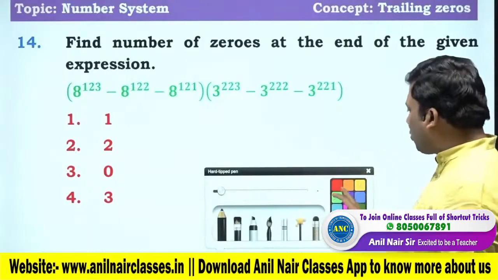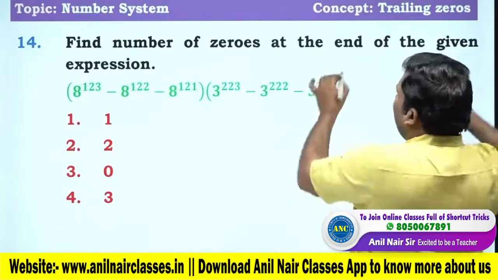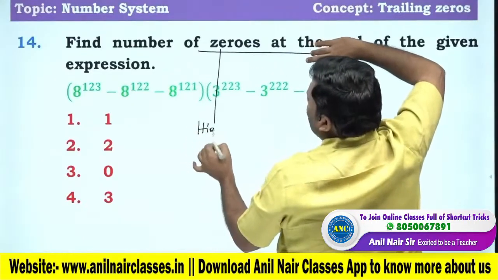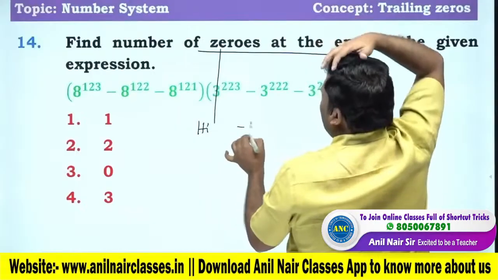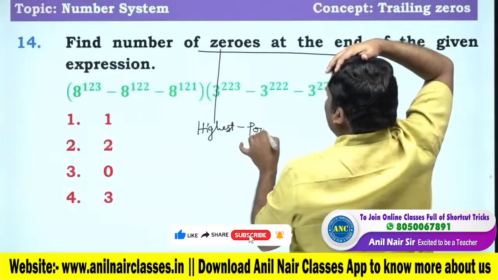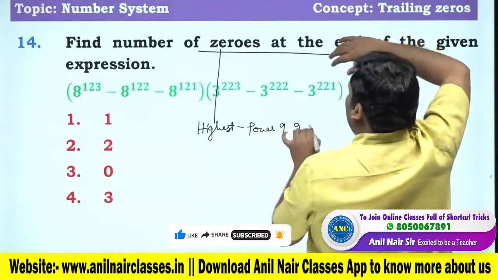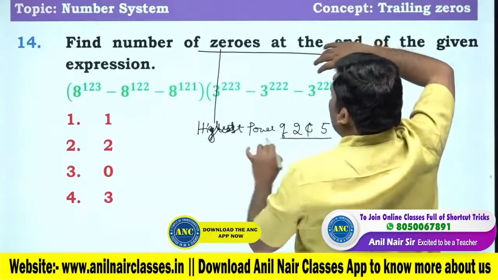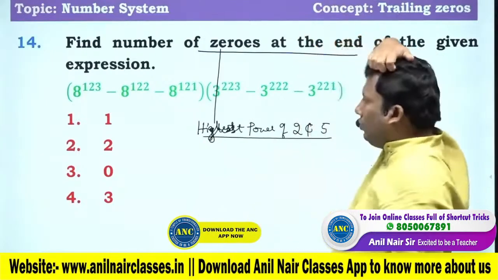Another fundamentals question, sir. Find the number of zeros at the end. Zeros at the end is the highest power of 2 and 5. So we should get the highest power of 2 and 5.